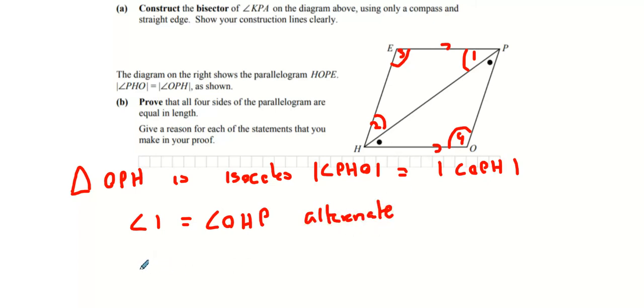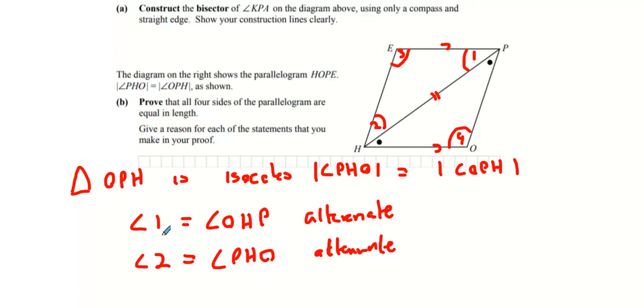Okay, and then we can say that angle 2 equals angle, what's it, HPO or PHO? PHO. It's alternate. Okay, and then what we can say is they have a common side.